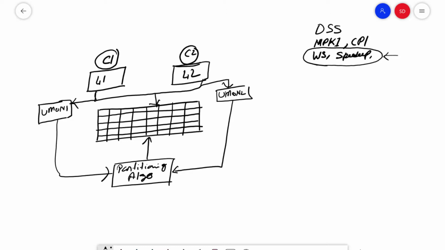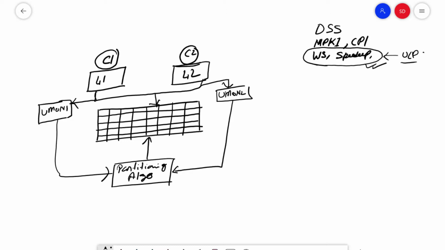You can read that paper to understand what WS speedup is. In fact, I think WS speedup is also explained in the UCP paper that I explained in the last class. So these small concepts will be required for this course, as well as the term paper. In fact, if you want to do further research, then also these concepts are required.